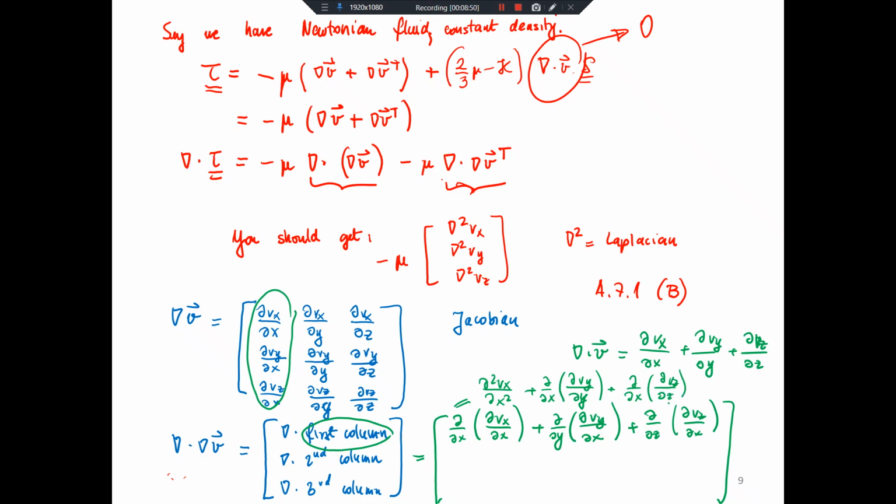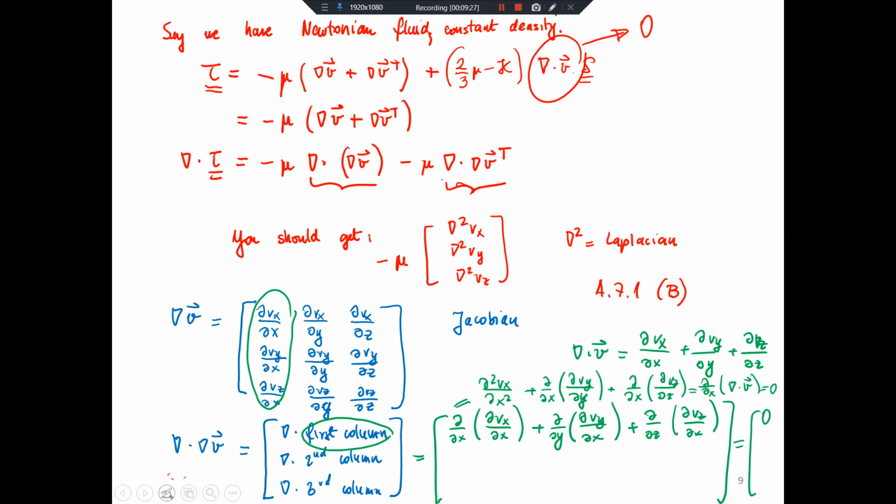Again, because I can flip the order of differentiation for continuously differentiable functions. Awesome. So now I will recognize that here I have d dx of dvx dx plus dvy dy plus dvz dz, which is equal to the divergence of v, and that has to be equal to 0. So this first element is actually equal to 0.